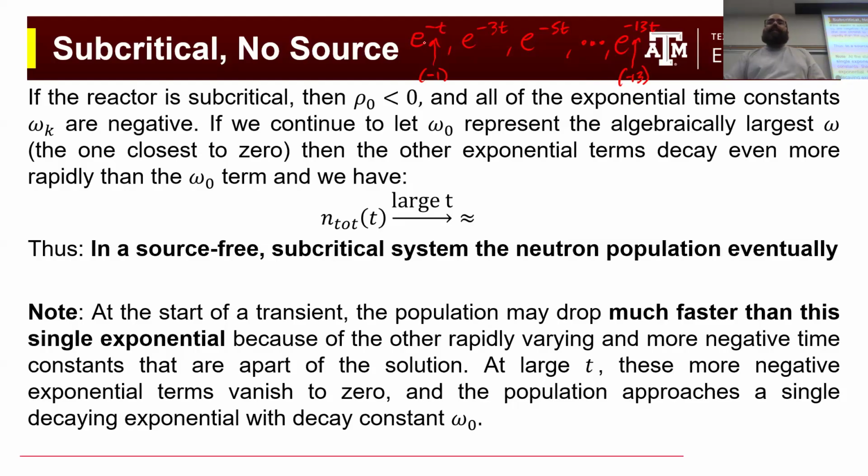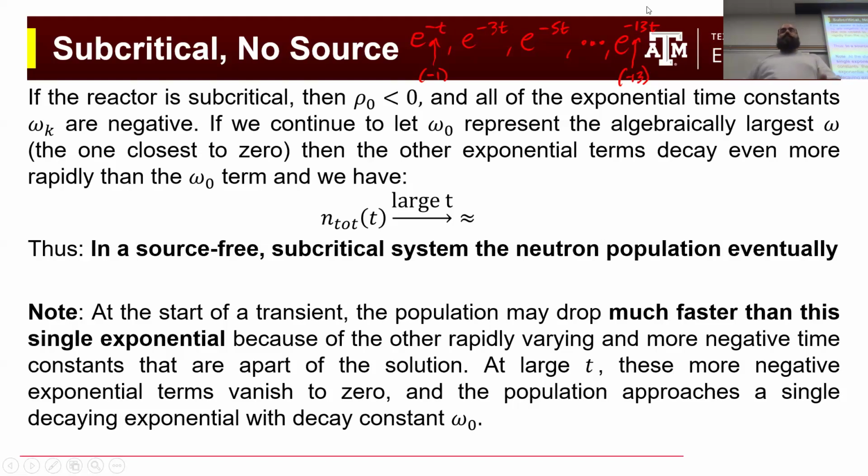And so if I compare e to the negative t to e to the negative 13t, as time gets very, very large, which of these is going to go to zero fastest? The e to the negative 13t or the e to the negative t? It's going to be whichever one has the most negative time constant.